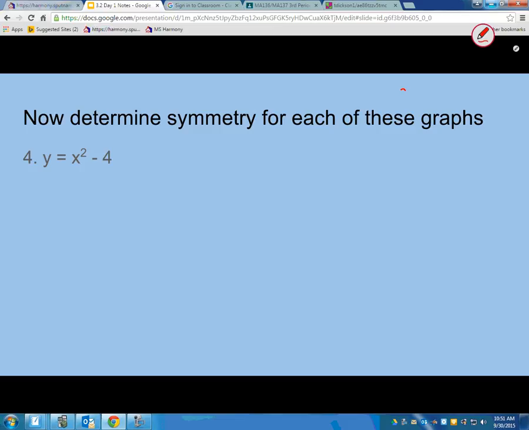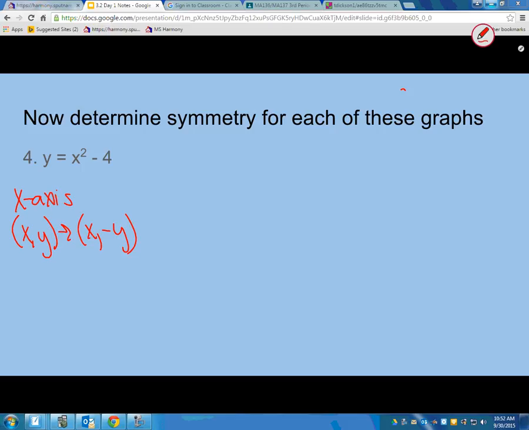But what you're supposed to do is say, well, if I was going to test for x-axis symmetry, x-axis is when the y changes but the x doesn't. So that means that if I plugged in a negative y in here, it shouldn't change the equation. I should get back what I started with.